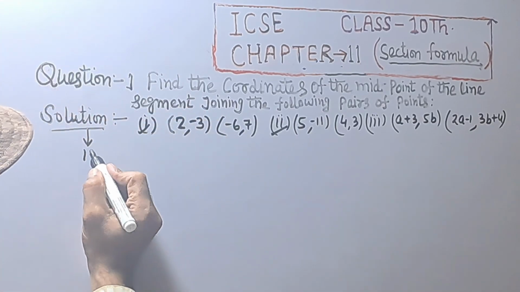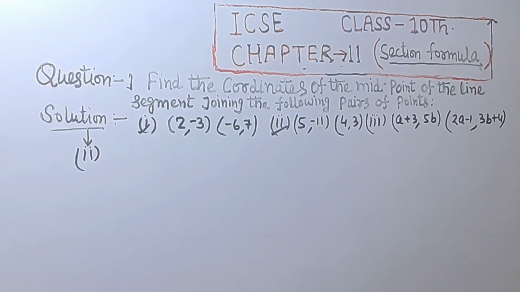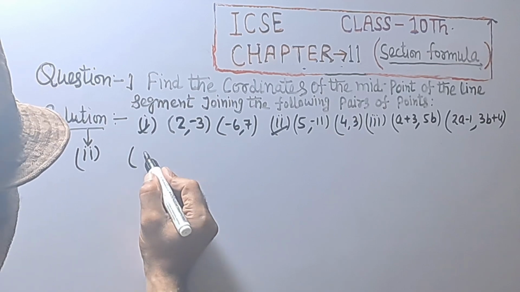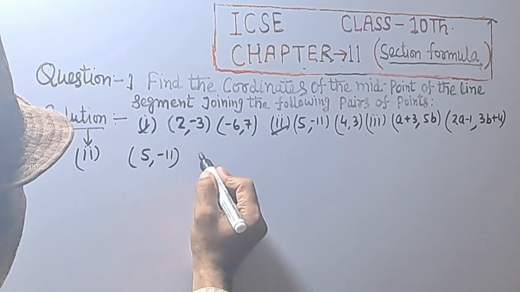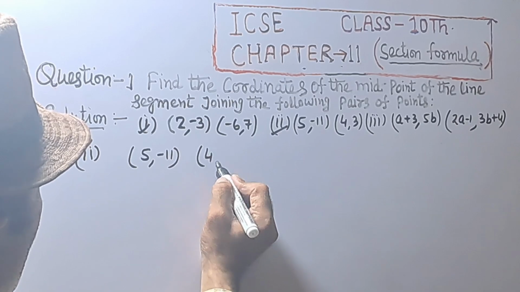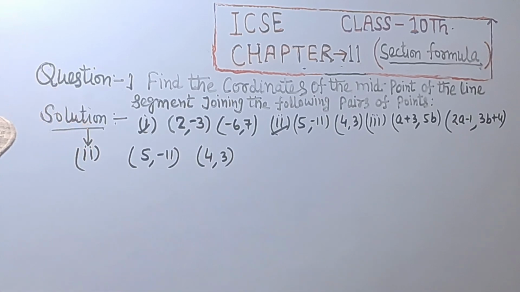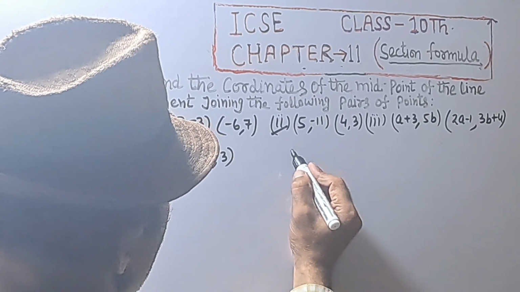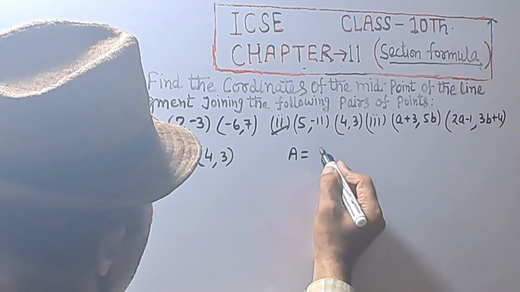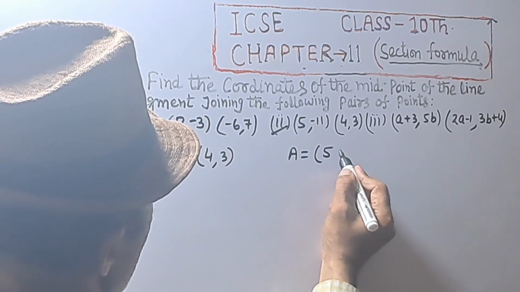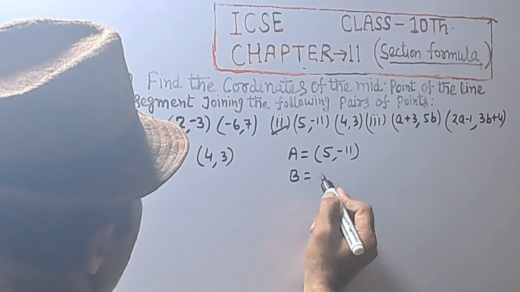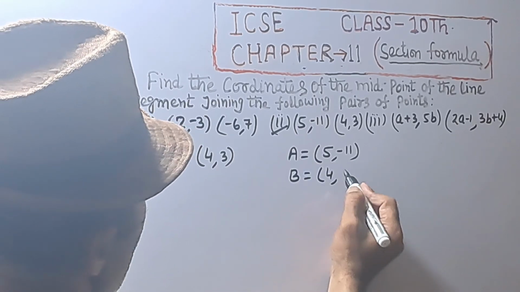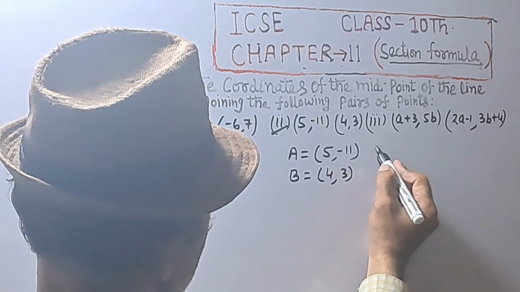Solution of second part. Given points 5, -11 and 4, 3. A is equal to 5, -11 and B is equal to 4, 3.